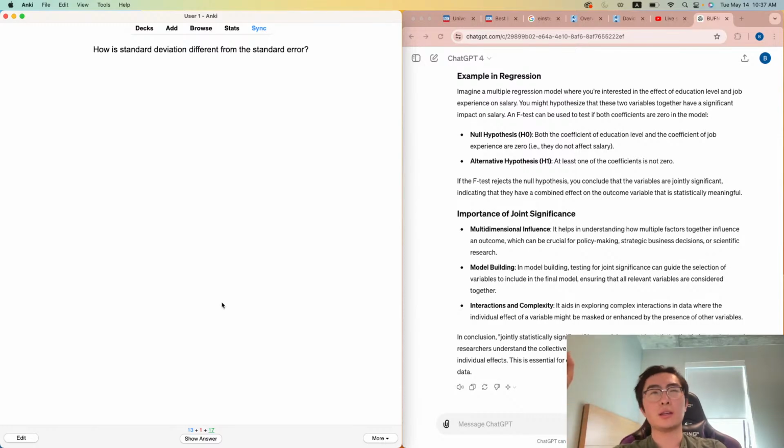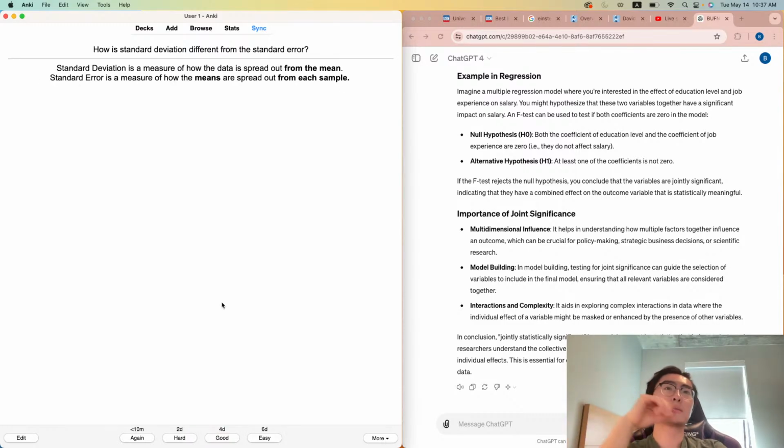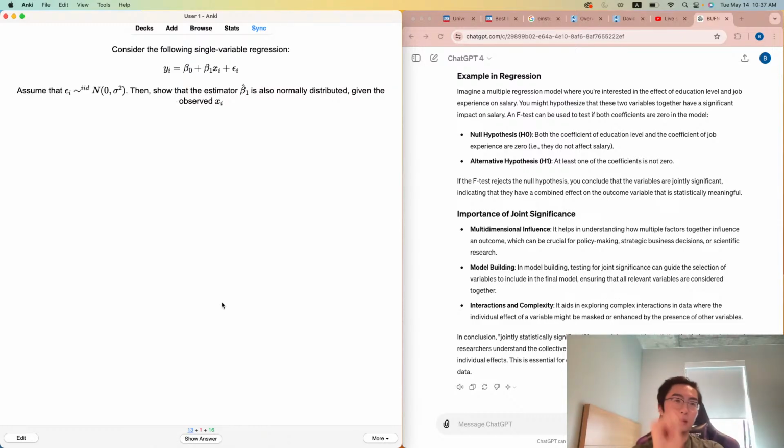But I think what the standard error represents is how much your mean will tend to fluctuate as you keep on sampling over time. And I feel like it's the sample standard deviation divided by the square root of the number of samples, but I'm not entirely sure what that means mathematically.